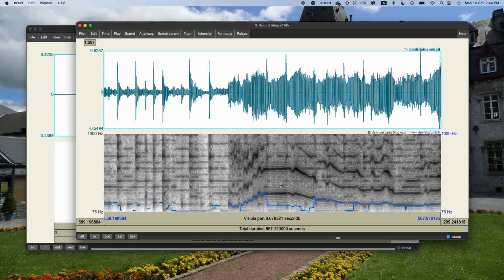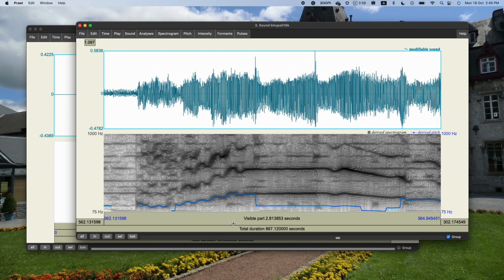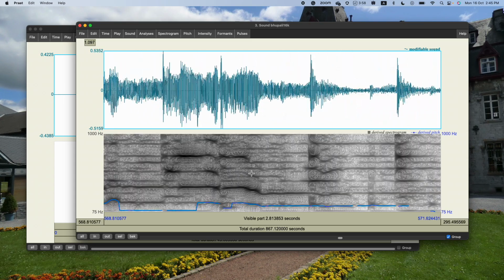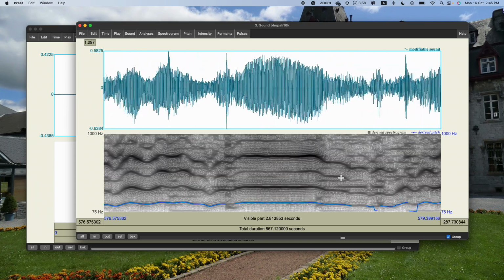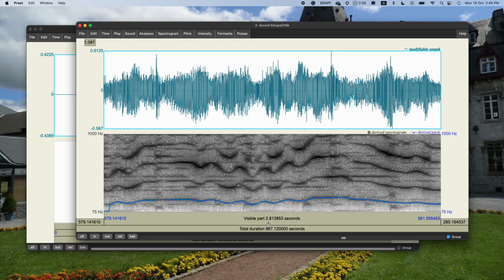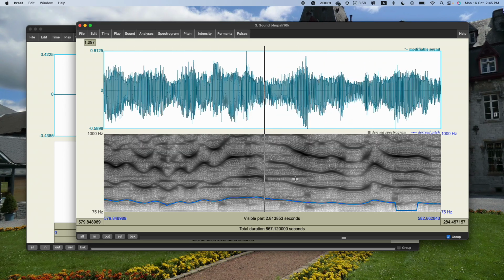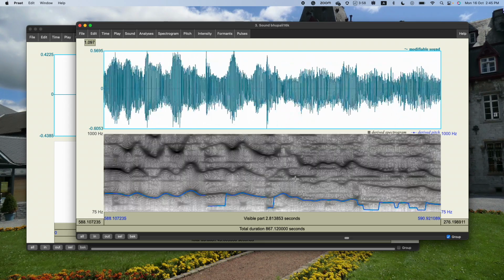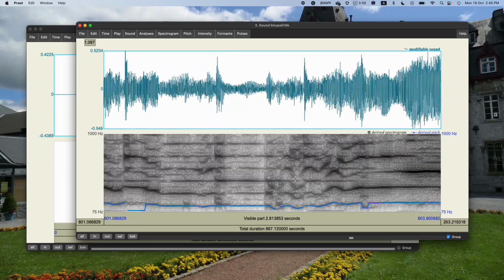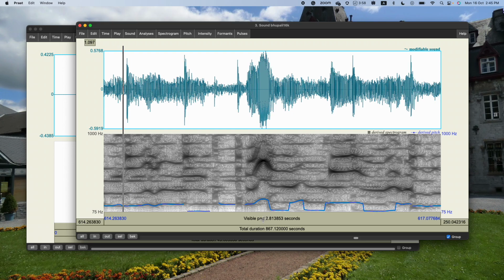So you can see here a lot of ornamentation. Okay. Fine. These are the problems we have.